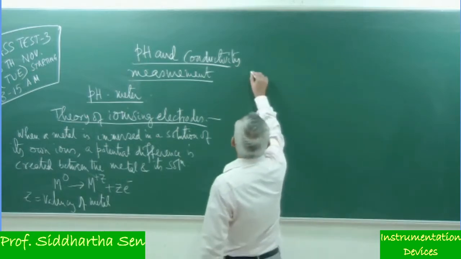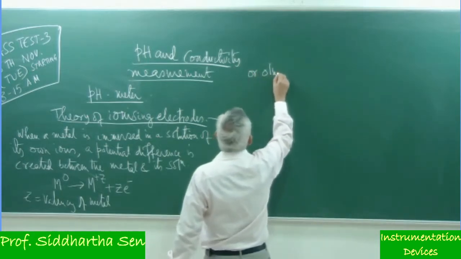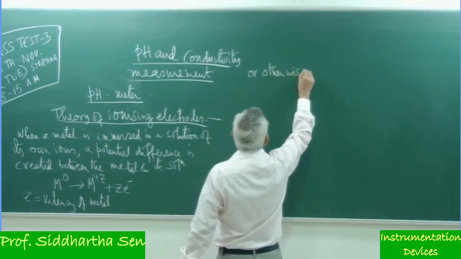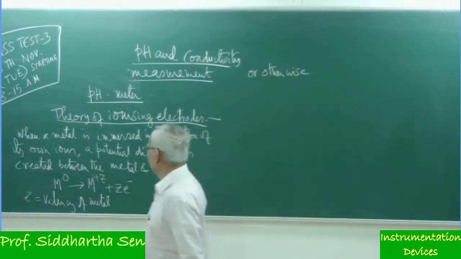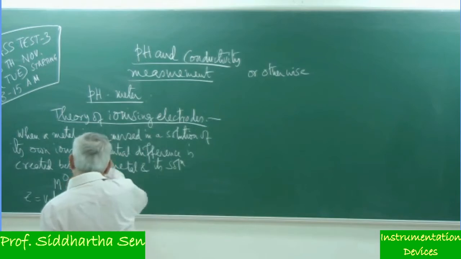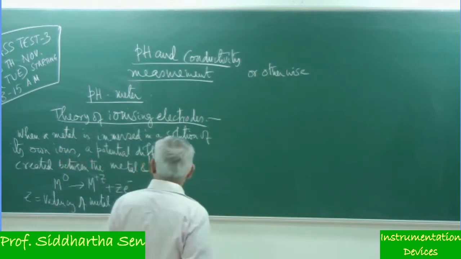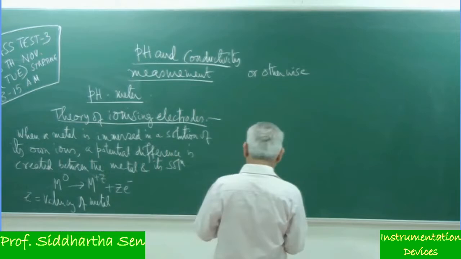Or it could be otherwise: a metal ion accepts some electrons and becomes neutral.